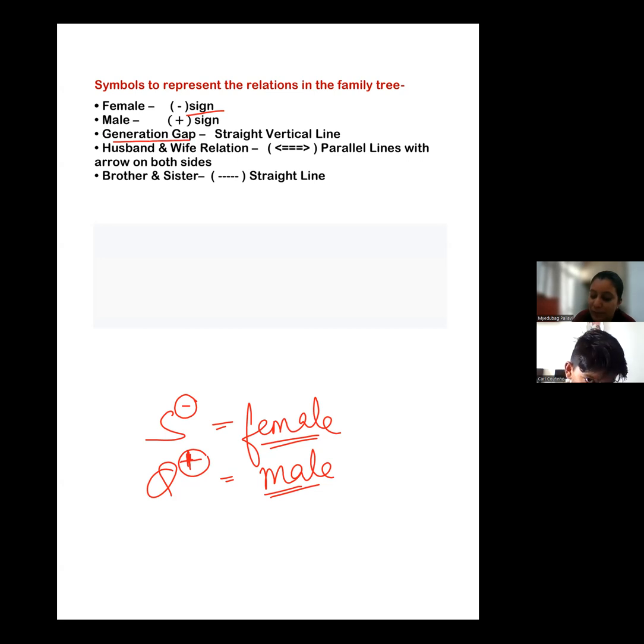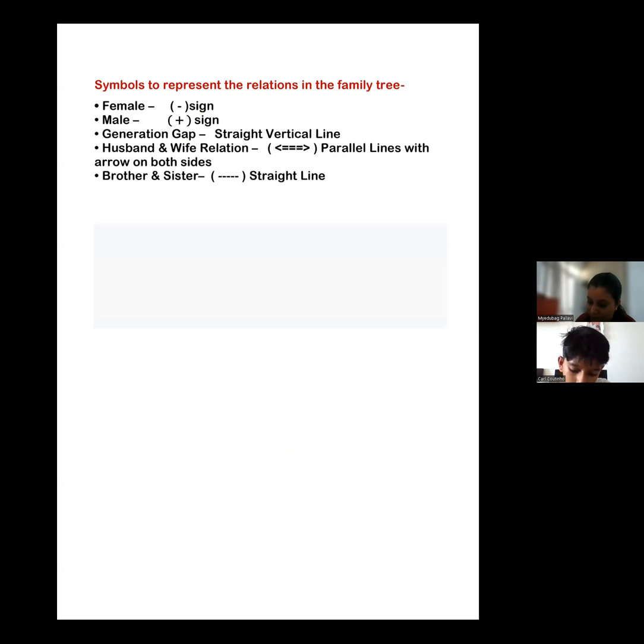Then next is generation gap. How do we show it? With a straight vertical line. Generation gap means the gap between, for example, the first and second generation. If A is the son of B, A will come in the first generation, and B will be the second generation.